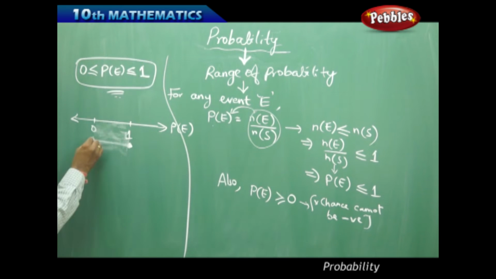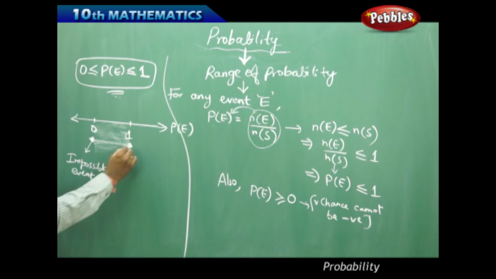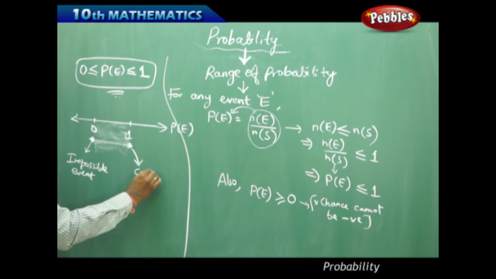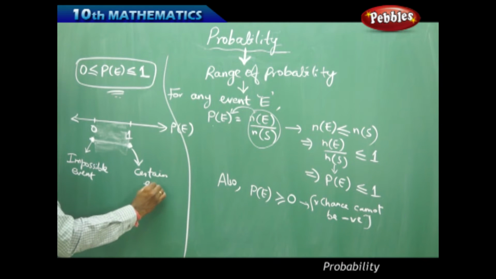At the most, here I get an impossible event, because P(E) is 0 at this point, and at the most it is 1 if it is a certain or sure event.